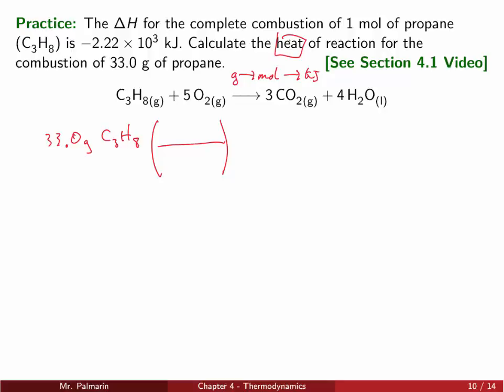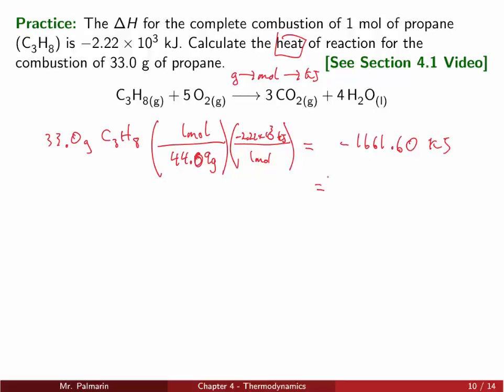So the weight of propane is 44.09 grams per mole. We have another step where we're simply going to cancel off 1 mole of propane, and for that you get negative 2.22 times 10 to the 3 kilojoules, and that will equal your final answer, which will be in kilojoules, and I'll just write down an unrounded value here.